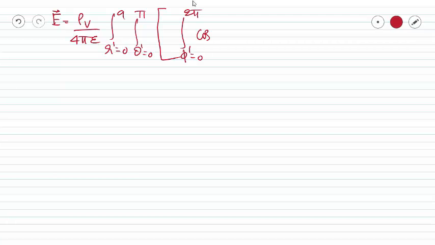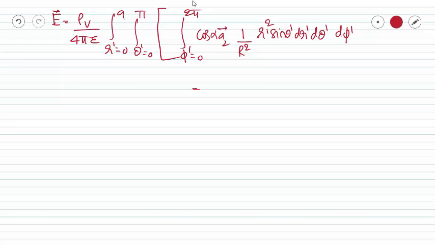The first one is cos alpha az bar into 1 by r square, and now the entire dv, which is r dash square sin theta dash dr dash d theta dash d phi dash. This is the first term.